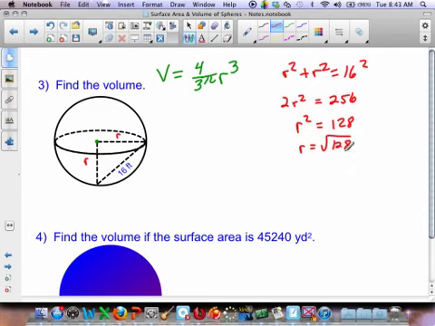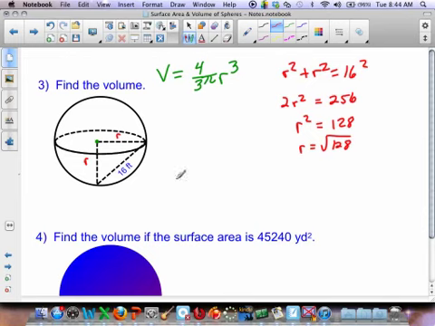And believe it or not, 128 can be broken down. What perfect square goes into 128? I need you guys to think. Is there a perfect square that divides evenly into 128? 132 is not perfect. 16? 8? 8 is not a perfect square, Sam. 64.